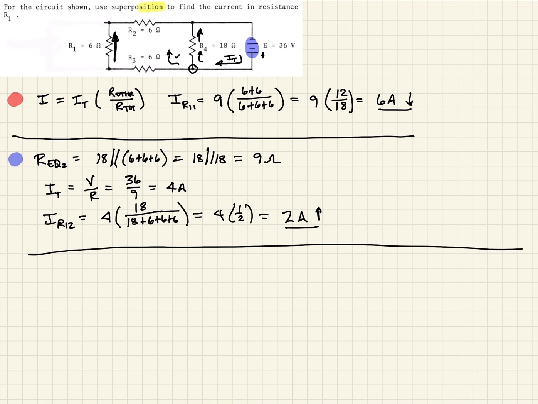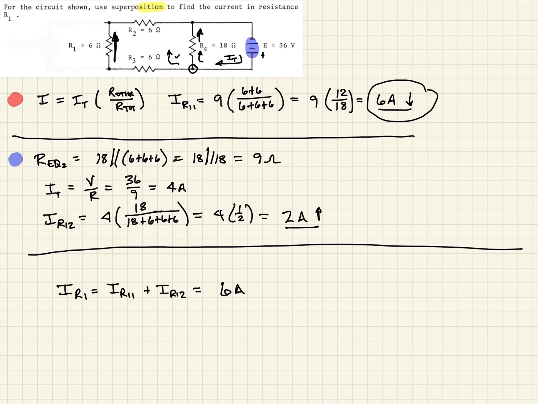Now through superposition, we can find the current through R1. It's going to be the current through R1 from the first source plus the current through R1 from the second source. The R1 current from the first source is the 6 amps.